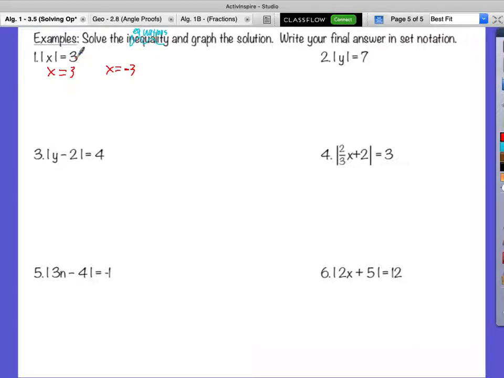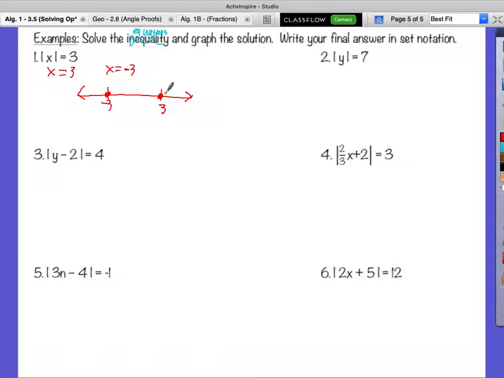And so to graph this, we place both -3 and 3 on the graph. Okay? And it's equals, it's not greater than or equal to, it's not an inequality. So we just put a closed circle there. And there are no arrows because we don't have inequalities.